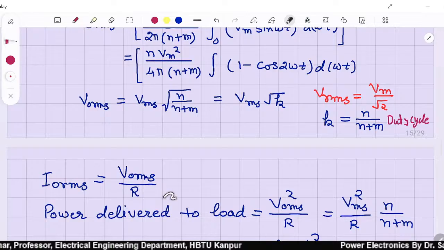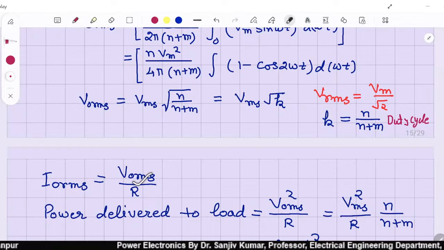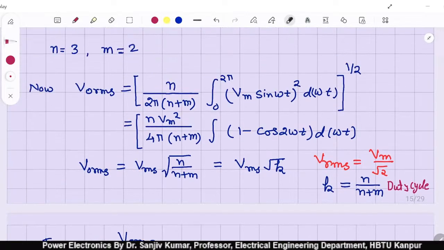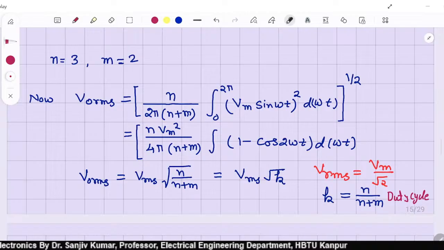Now if we talk about the RMS current, it is simple: Vo RMS divided by R, where Vo RMS is the output RMS voltage. Let me write it a bit more neatly so that you don't have any trouble.